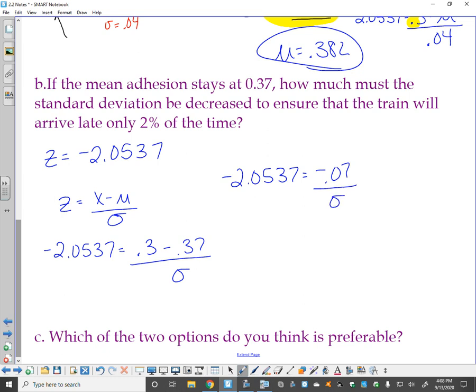Now I'm going to multiply both sides by sigma. And then I'm going to solve for sigma, I'm going to divide both sides by negative 2.0537. So I'm typing in negative 0.07 divided by negative 2.0537. And I get a sigma of 0.0341.